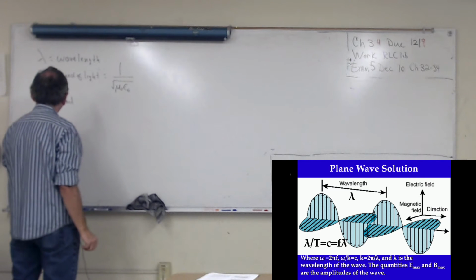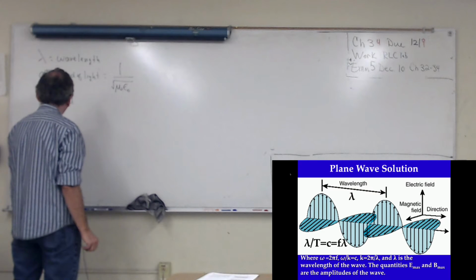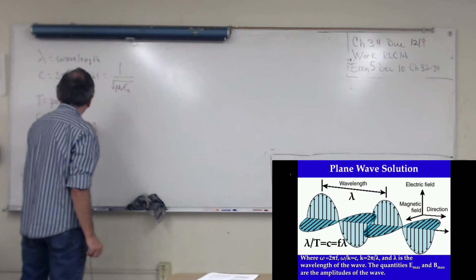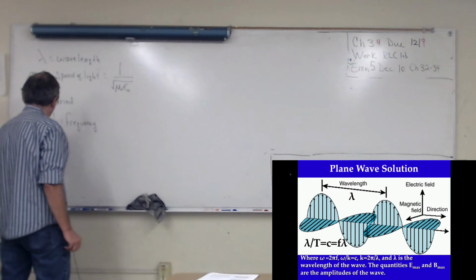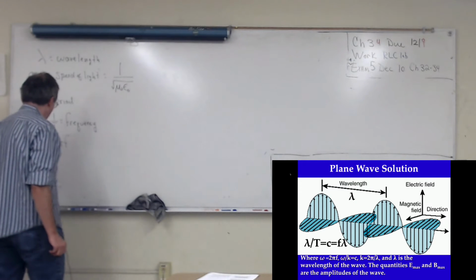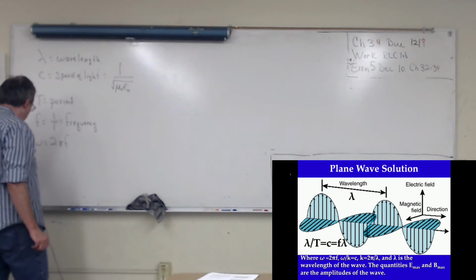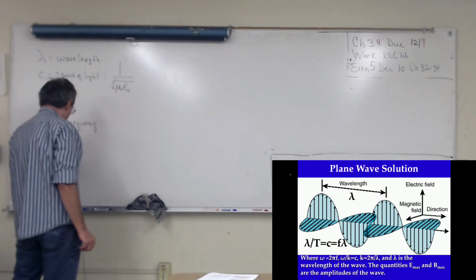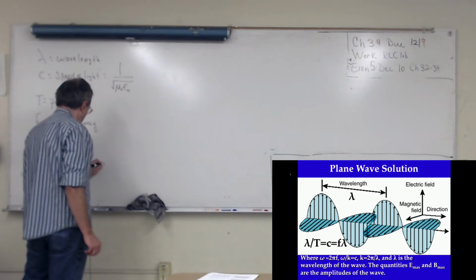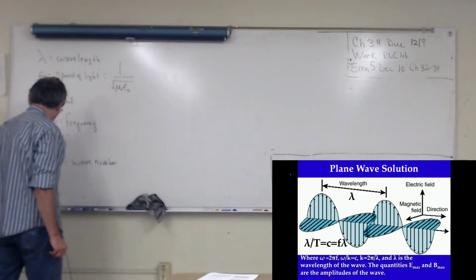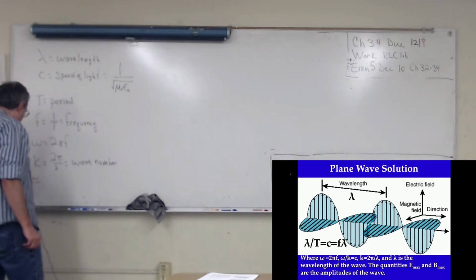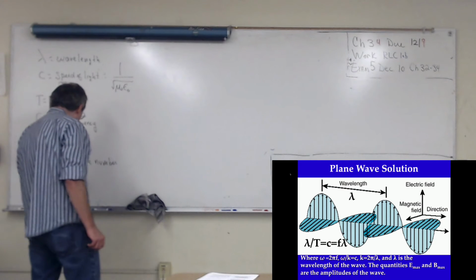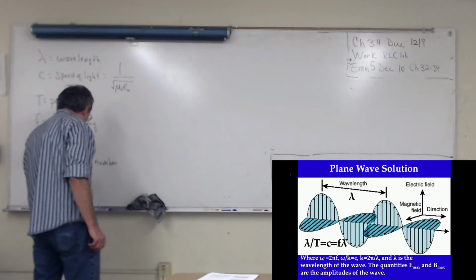And frequency is 1 over the period. Omega is 2 pi f. And this is the angular frequency. k is the wave number. And omega over k is also the speed of light. And then we also have c is f lambda.